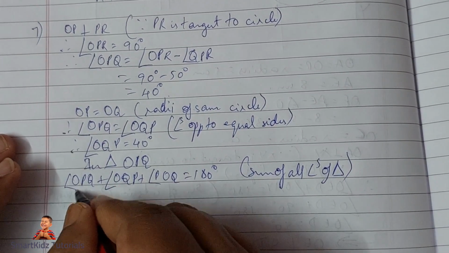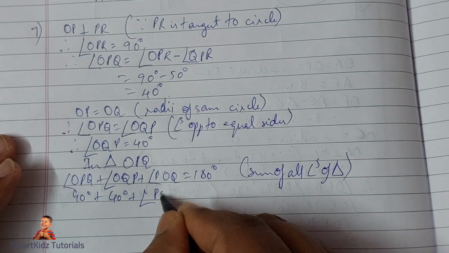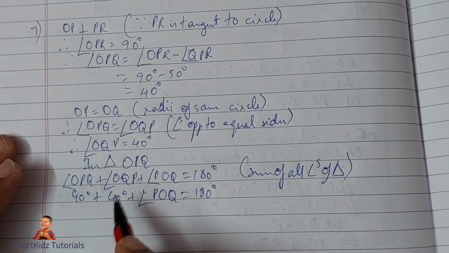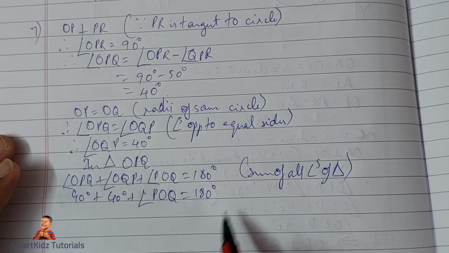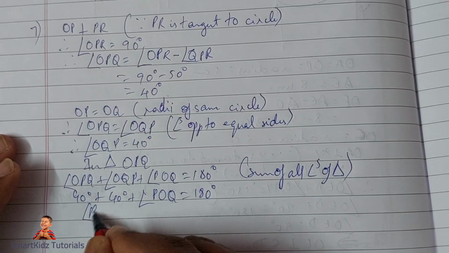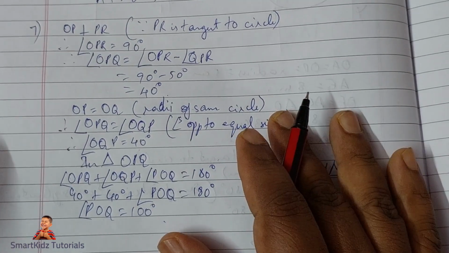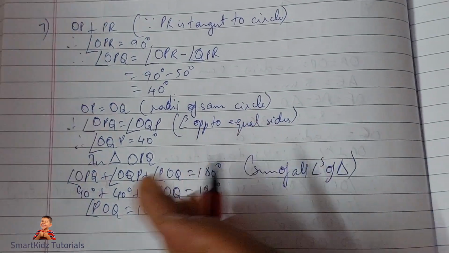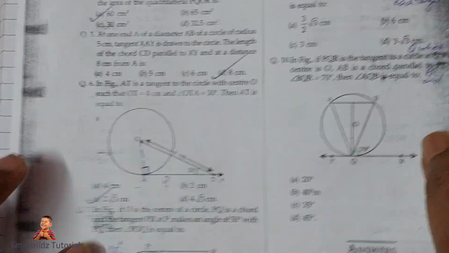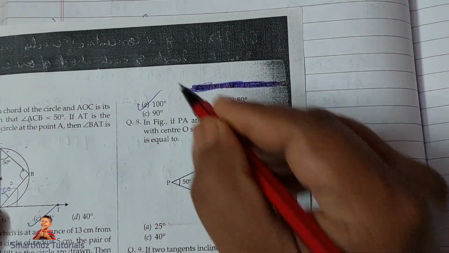Then this is 40 degrees, this is 40 degrees, and POQ is what we need to find out. 40 plus 40, 80, we take it on the other side, becomes negative. 180 minus 80 degrees is 100 degrees. So POQ is equal to 100 degrees. That is the answer. So our correct choice for question 7 would be A.